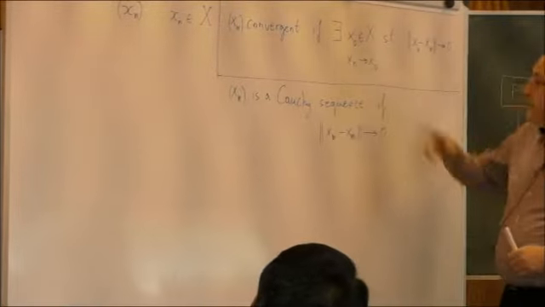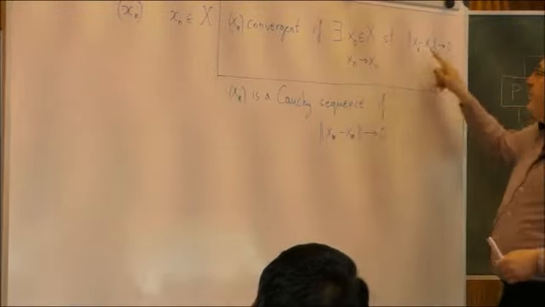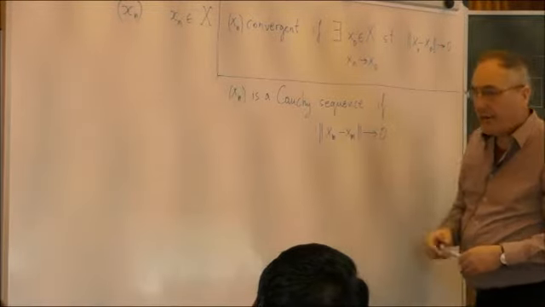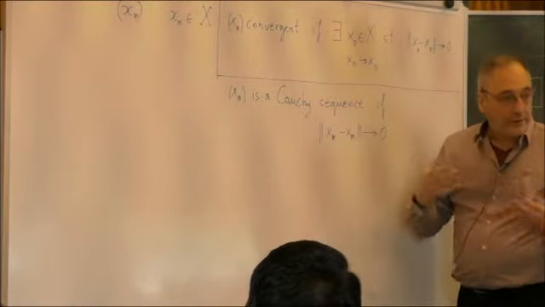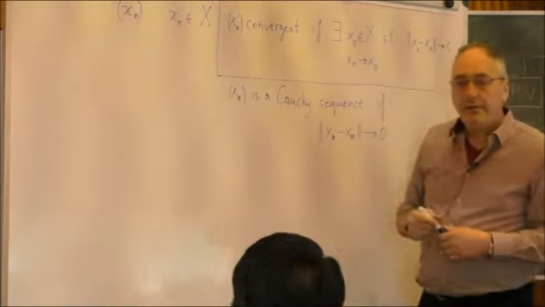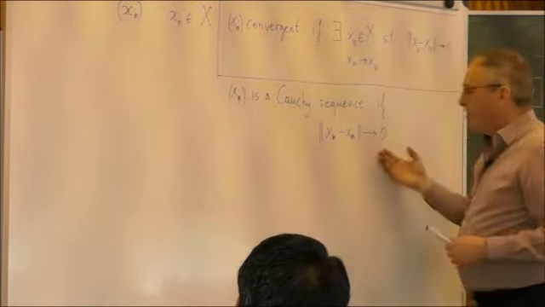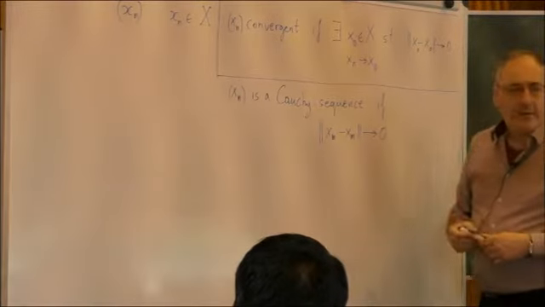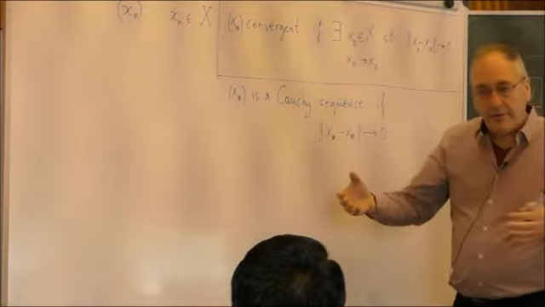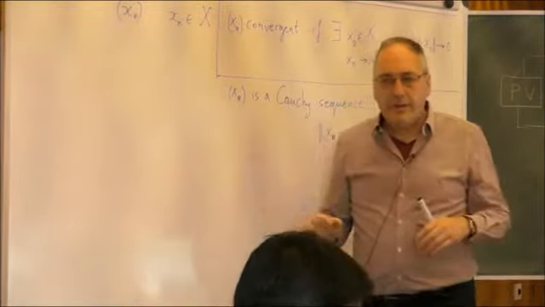So now I do not compare to some fixed element x0, but I compare between terms of the sequence. If the difference between the terms in norm tends to 0, then we say that it is a Cauchy sequence. What does it mean exactly? n and m both tend to infinity, but at any arbitrary rate.